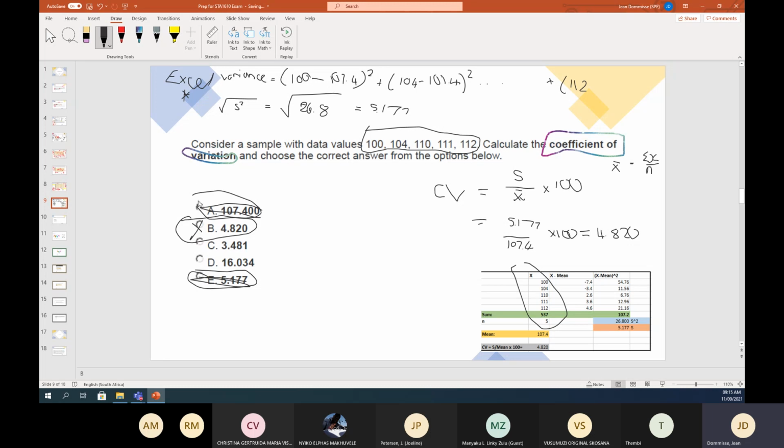Let me think, there's no other way to do this. There's no shortcut. Only if I had given you that information is it easier, but otherwise you need to use Excel, or you need to write down a table and work it out with your calculator.